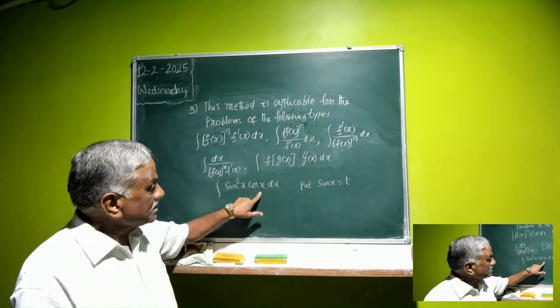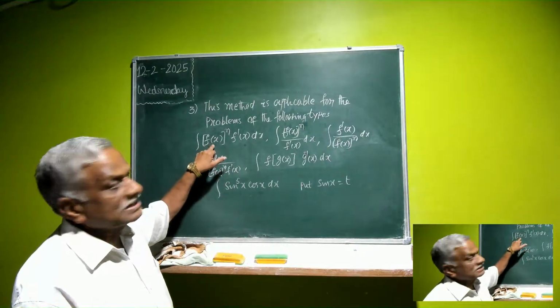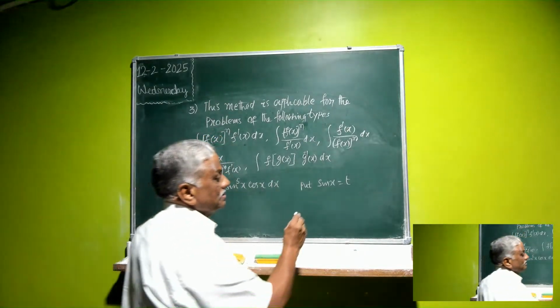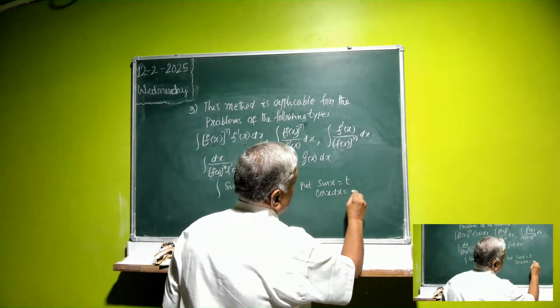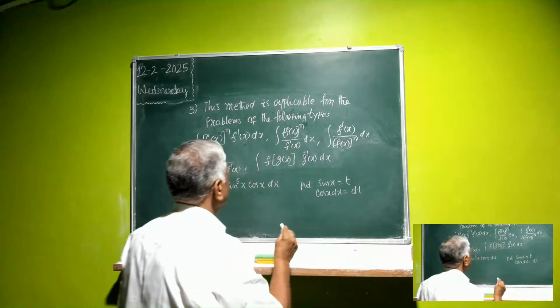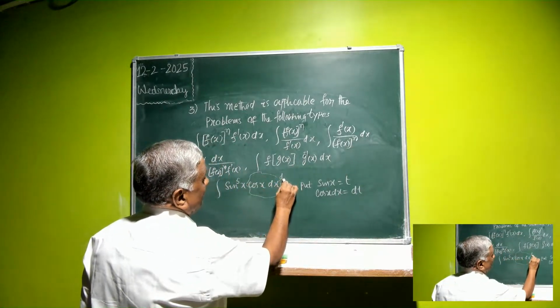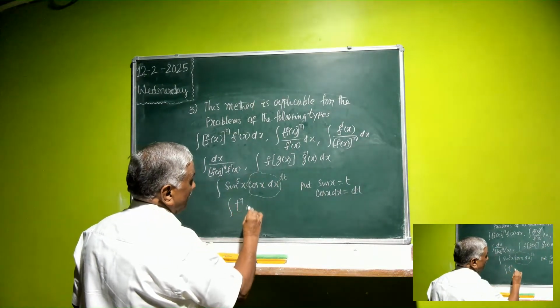But if you put cos x as t, you will get sin x, but the power is there. That's why the power function should be taken as f of x. Now cos x dx is going to be dt. So this expression will be dt, and this becomes t to the power of n dt.